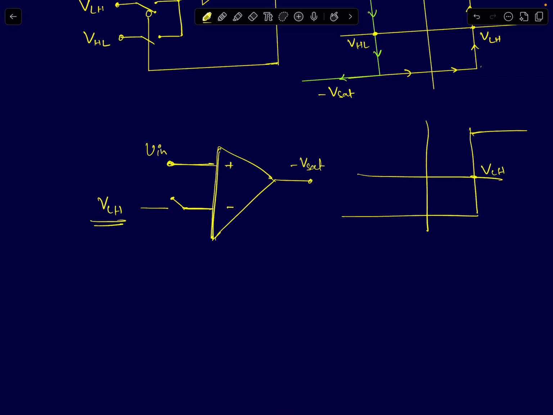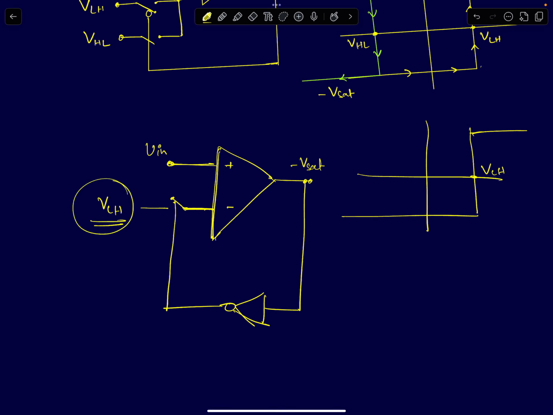So you can put an inverter to this and create a logic high voltage and control this switch. Okay, this switch will be a short if your output is minus Vsat. And now the threshold voltage, the voltage at the inverting terminal of the comparator, will be VLH.